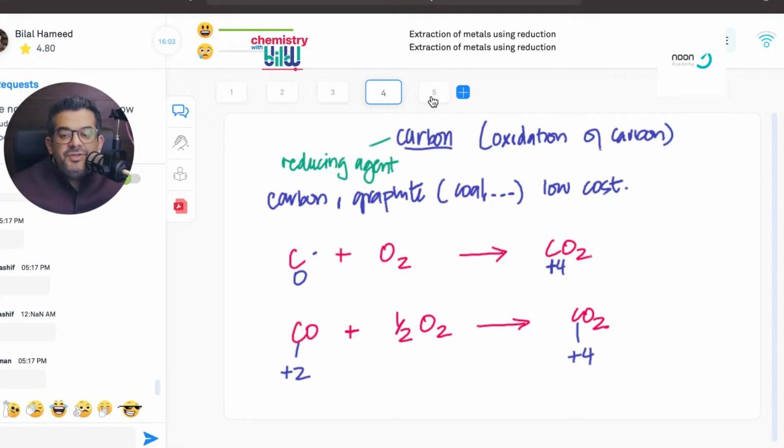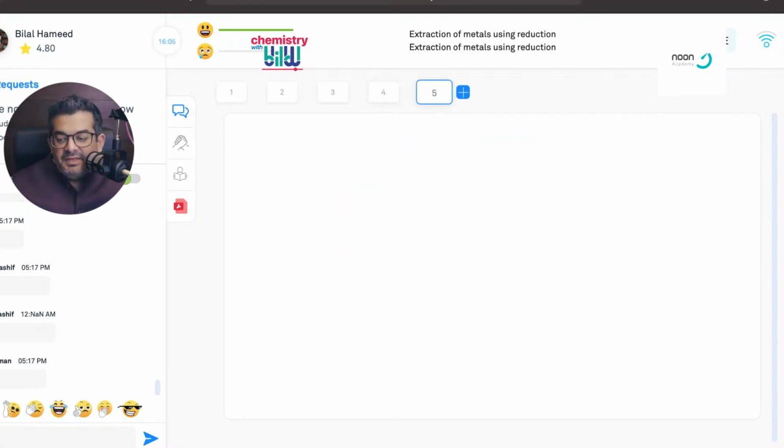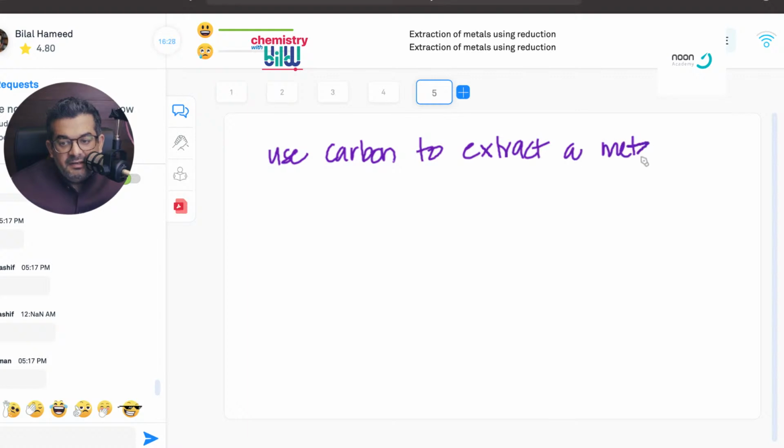Where am I going to use this? What we're going to do is take a metal, because this is what I'm going to write: we can use carbon to extract a metal that is less reactive than carbon.